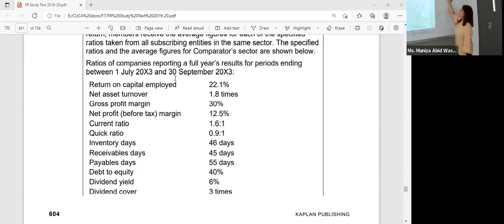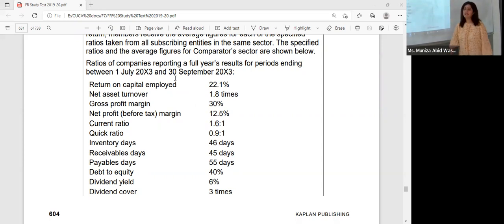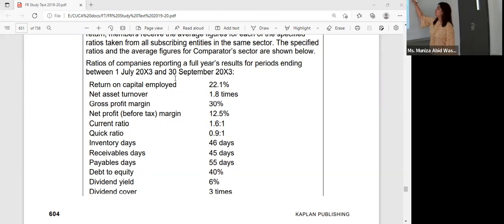What is capital employed? Yes, long-term liabilities plus equity could be capital employed, or capital employed could be total assets minus current liabilities. Then the next ratio is net assets turnover ratio.